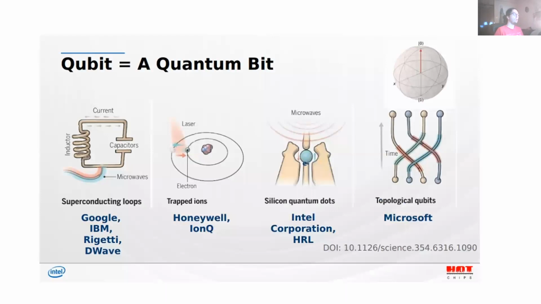So what are the companies doing for that? The quantum information and quantum computation world is getting larger and larger each day. Some of the most famous quantum computing companies are working on different physical mechanisms: Google, IBM, Rigetti, and D-Wave are working on superconducting loops, Honeywell and IonQ on trapped ions, Intel Corporation and HRL on silicon quantum dots, and Microsoft on topological qubits.